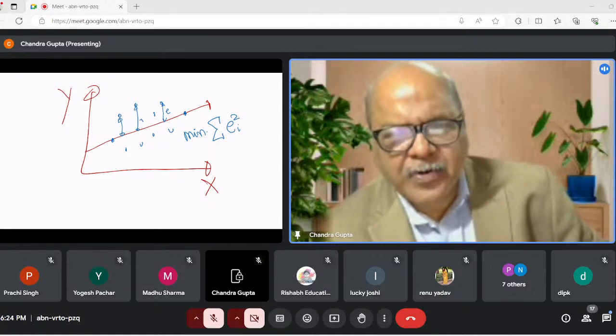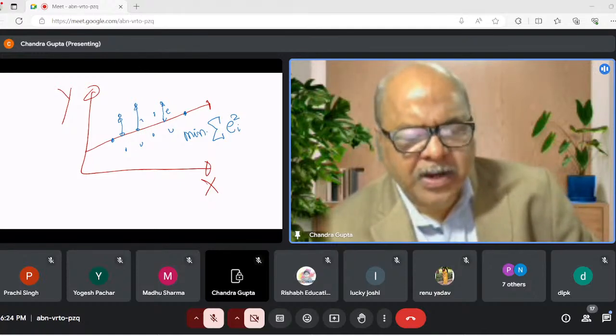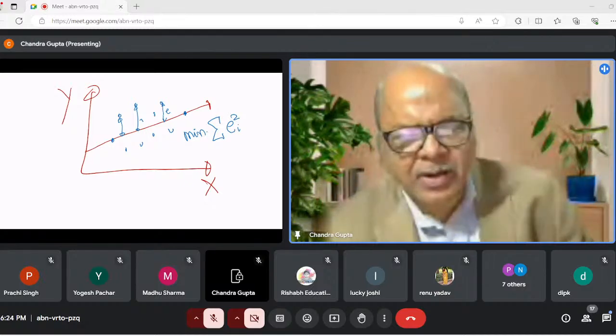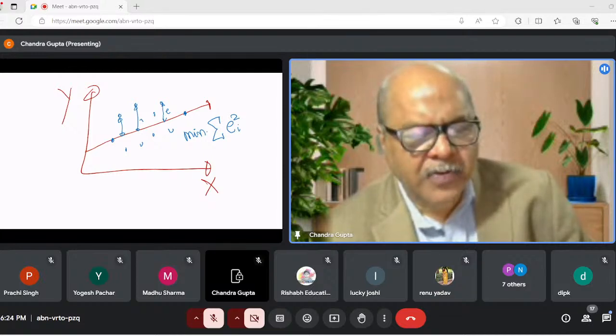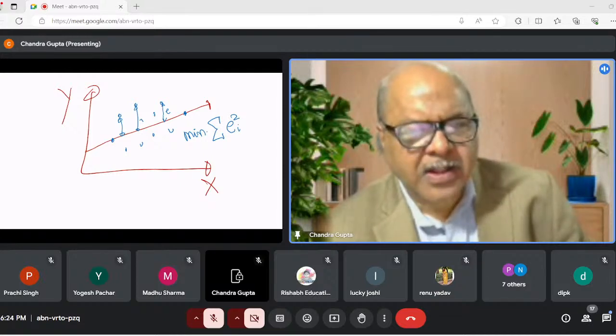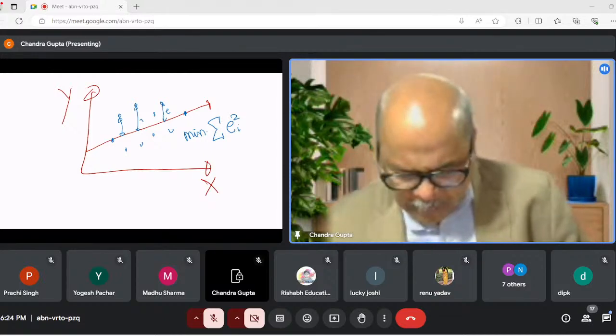And we take a square because if you take addition, some positive, some negative, it will become zero and will not have any meaningful sense. It will have meaningful sense only when you take a square of it and then minimize it.